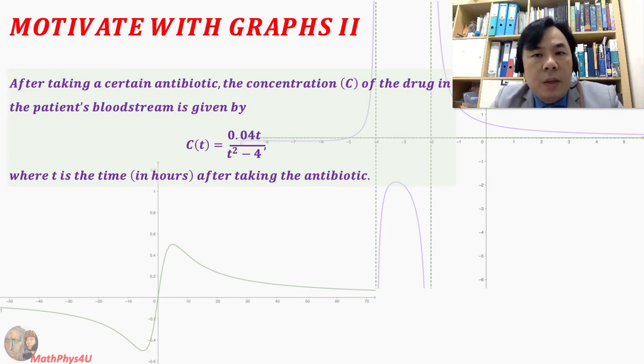Right. This is a very real life example that I have found, an application that has been used in the medical industry. So you can look at this example here.